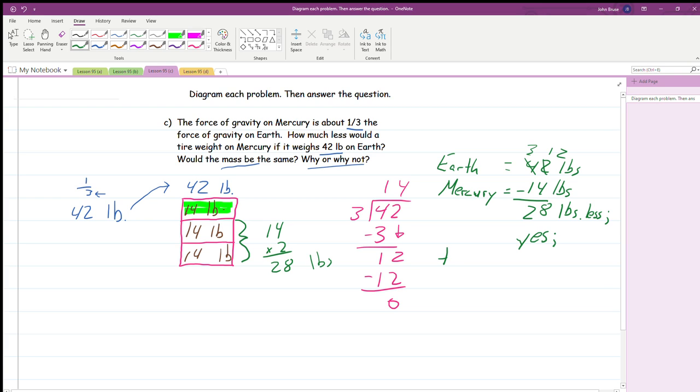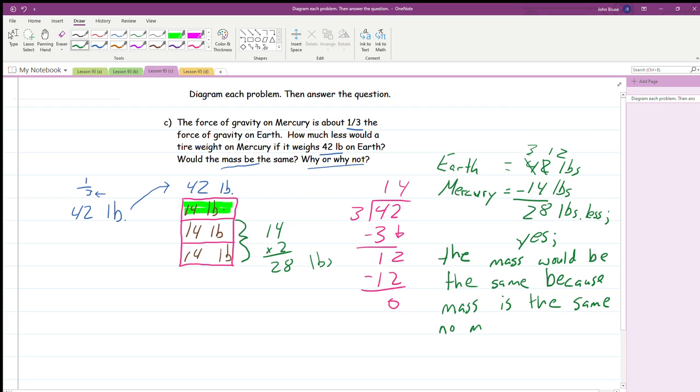I'd write the mass would be the same because mass is the same no matter where you're at.